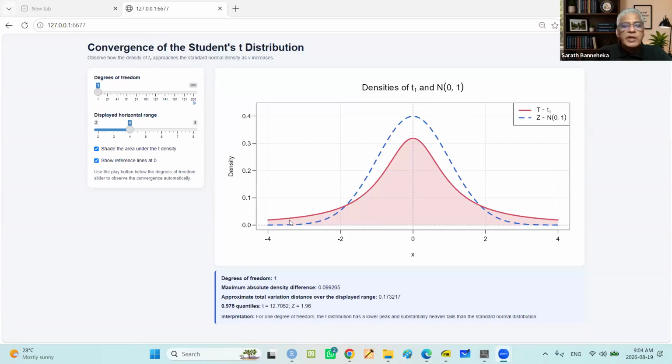It goes a long way to the left and a long way to the right without coming close to zero. This particular T distribution with 1 degree of freedom has another name. It is called the Cauchy distribution.